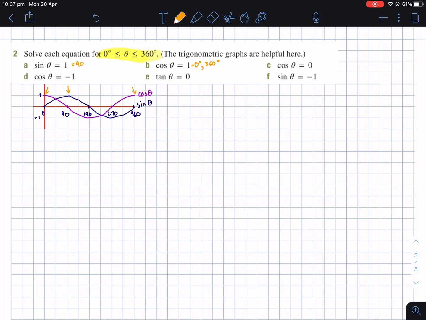And if you want to know when cos theta is 0, well, it's here. 90 degrees, and it's also here, 270 degrees. If you want to know when cos theta is -1, it's here, it's at 180 degrees. And when sine theta is -1, well, it's here, it's at 270.